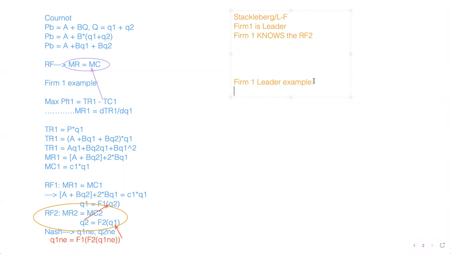So for example, they can forecast what the influence of their output decision will be on the final price of the product, because they would know something. For example, if I produce 3 units, firm 2 is going to produce 1 unit. So there'll be a total of 4 units in the market. They know the demand function, they can figure out the price.